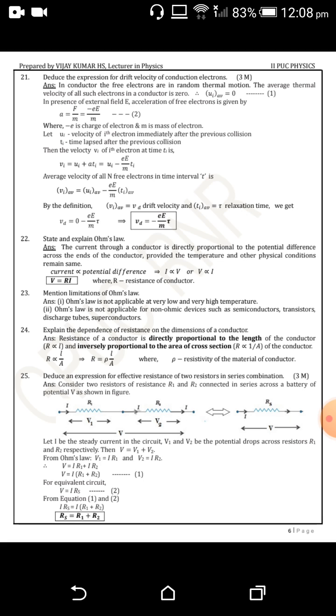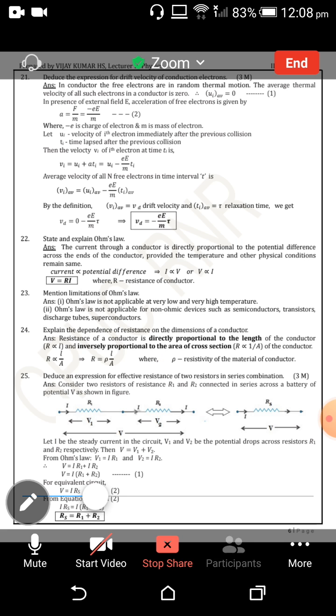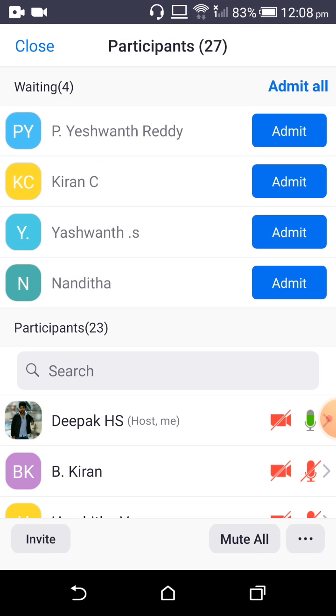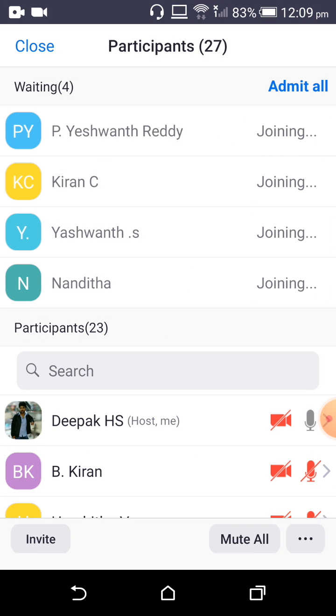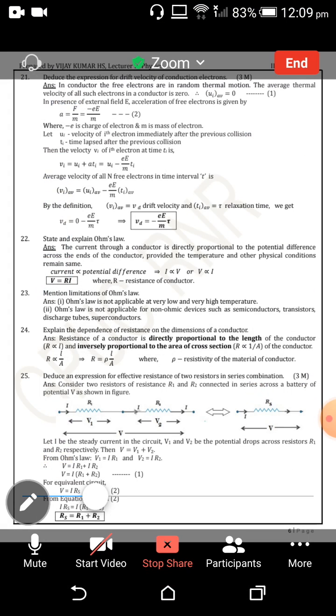Now it is said that let I be the steady current in the circuit, and V1, V2 be the potential drops across the resistors R1 and R2 respectively. So the total potential difference can be written as V is equal to V1 plus V2. From Ohm's law, V is equal to IR.